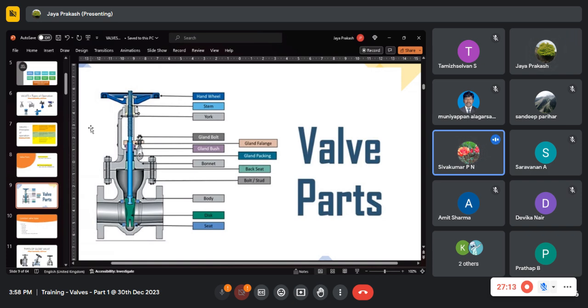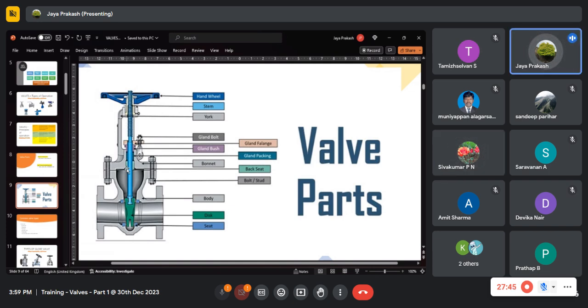No, that is there. Why do they have a back seat in this, when they also have packing? The pressure containing boundary is up to that area only. The stem, the linear motion stem along with the bonnet area, that is the boundary area.